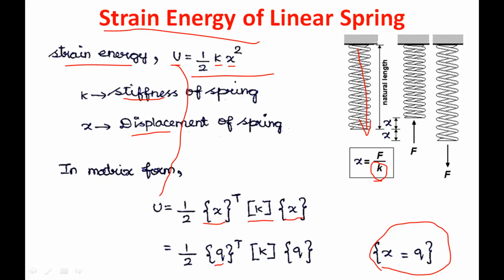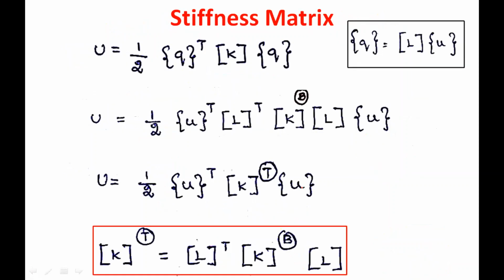Now we have to replace this q in terms of global displacement. Then we will get the expression of stiffness for a truss element. This U is half into q transpose K multiplied by q, where this K is the stiffness matrix for the bar, right, because of axial deflection.